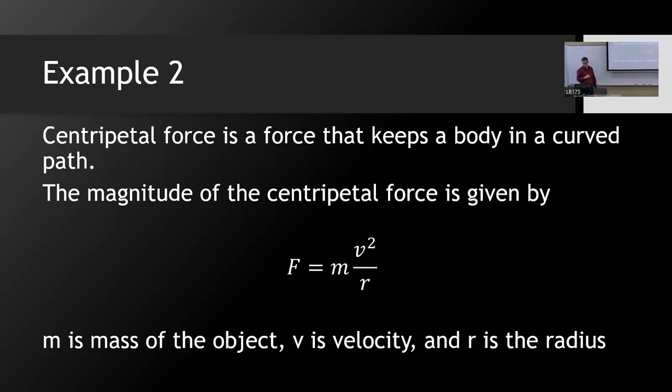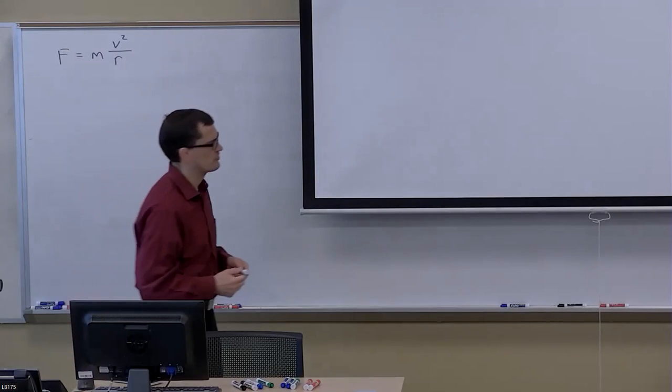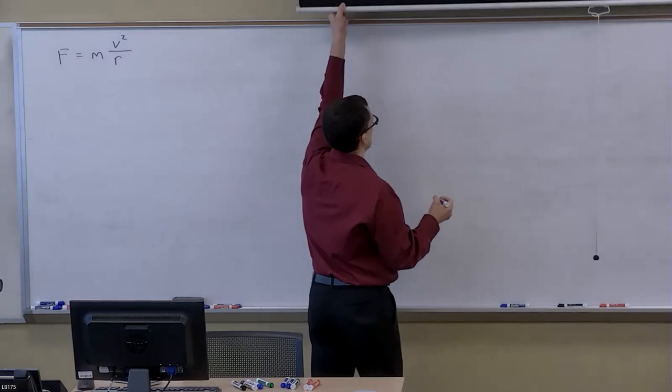So the mass times velocity squared divided by radius. Does that make sense? We kind of know it. Just draw a very quick picture of the centripetal force.